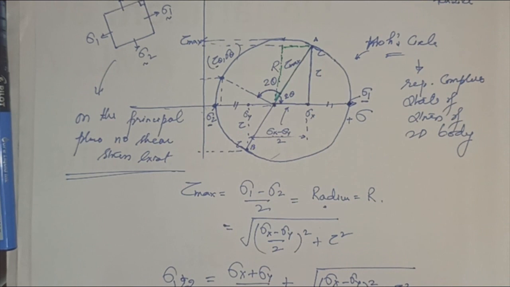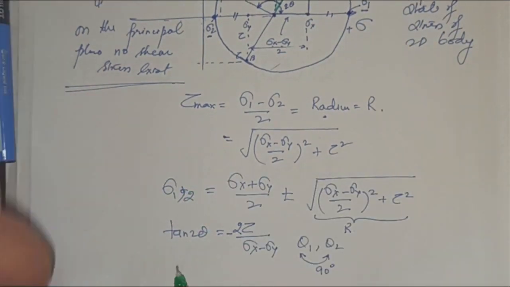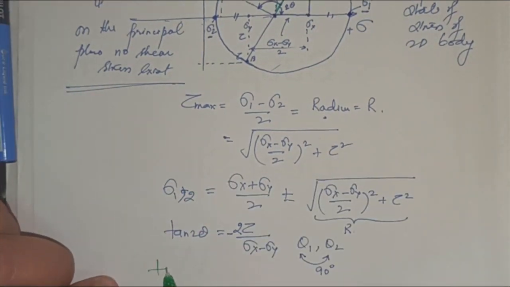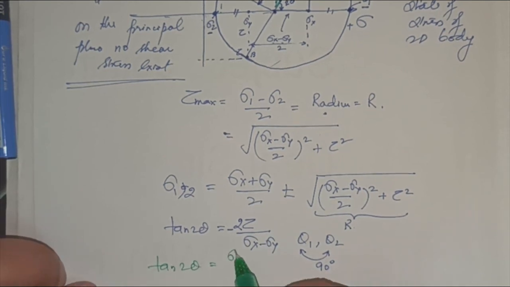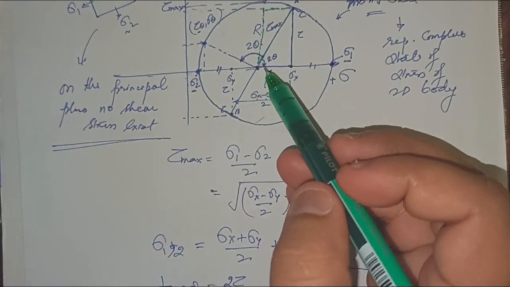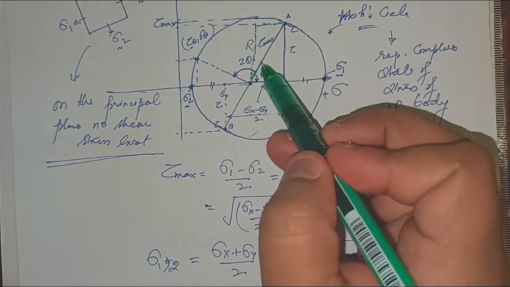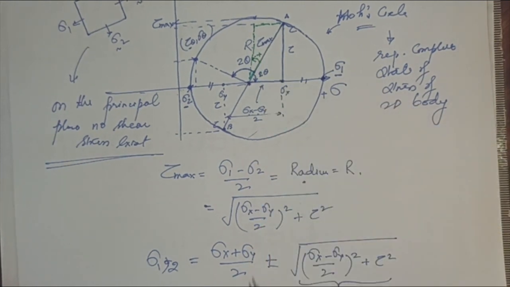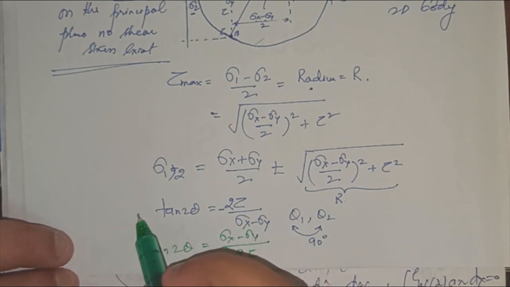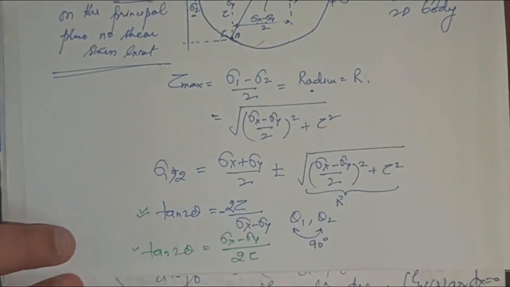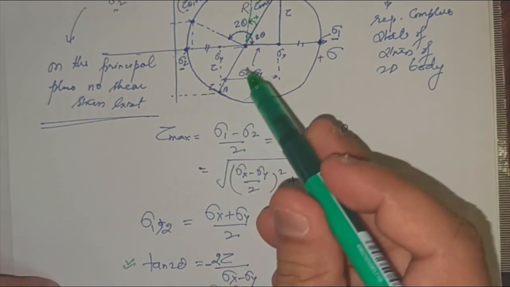This will again be 2 theta, and for the shear plane tan 2 theta comes out to be sigma x minus sigma y upon 2 tau, and this will be positive because the orientation taken here is positive. Just find out how this is done. You can easily deduce these two expressions from this.